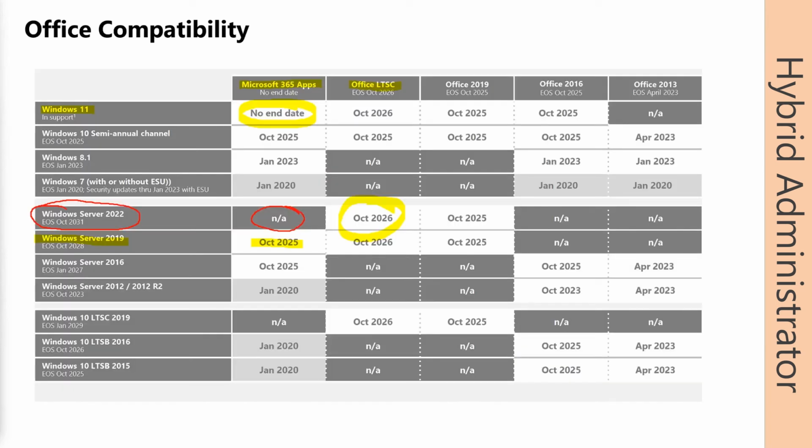If you are running traditional RDS hosts on premises based on Windows Server, this is possible with Windows Server 2012, 2012 R2, with Windows Server 2016, 2019, 2022, but with the mentioned limitations regarding the application compatibility when it comes to modern apps.